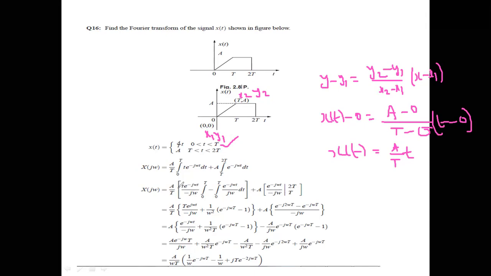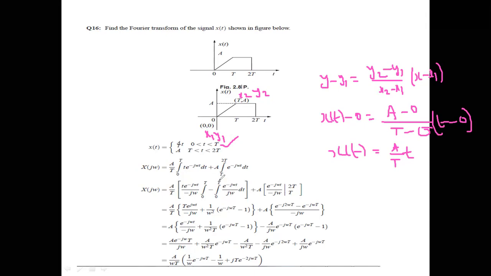Again, you can see here the t into e power minus j omega t by minus j omega, plus, again you can apply the integral for this one, e power minus j omega t by j omega, and j omega gives j square omega square, and that j square is a minus, which becomes a plus.